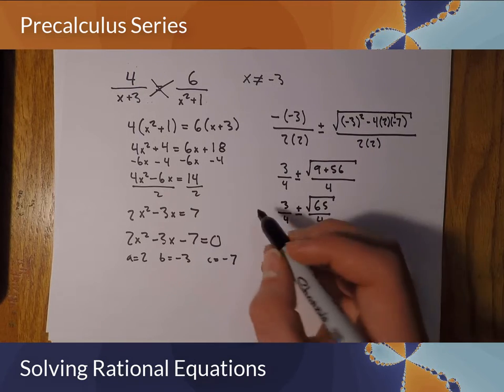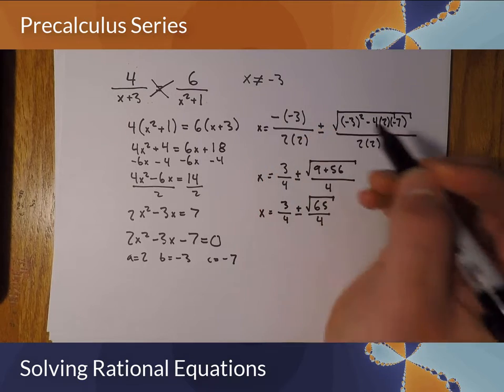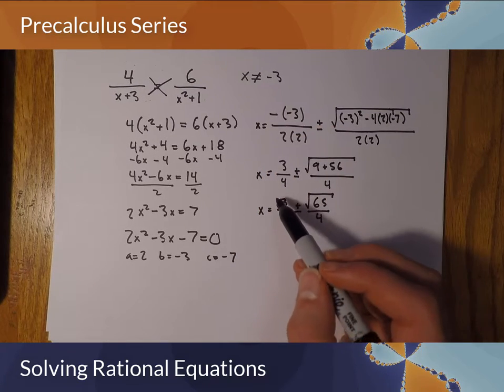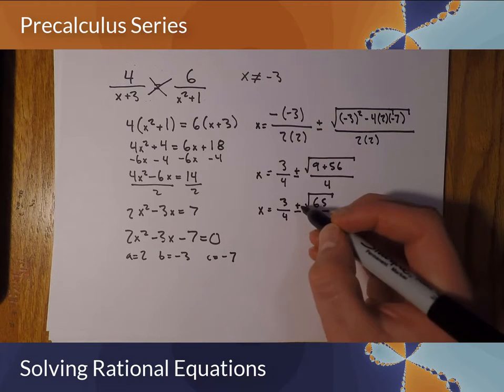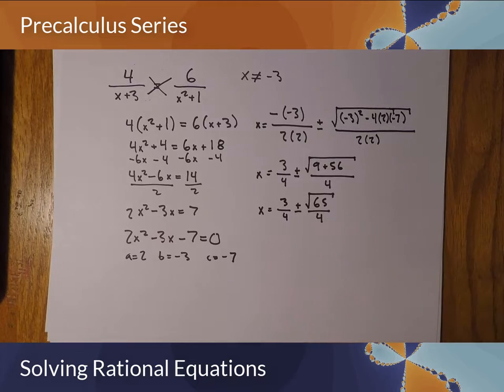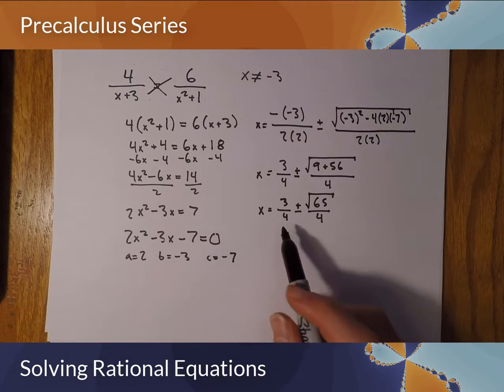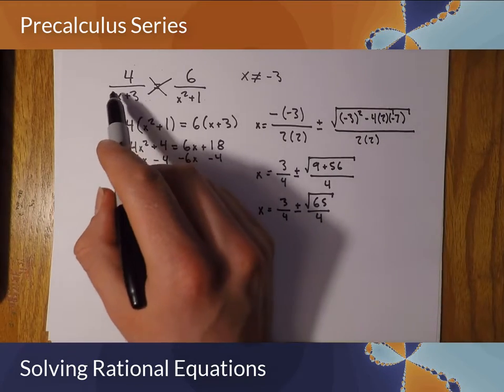So now, oops, I forgot to add x equals here. So now we know we have two solutions at x equals 3 over 4, plus or minus the square root of 65 over 4. And now we need to check and see if these solutions work in this function.